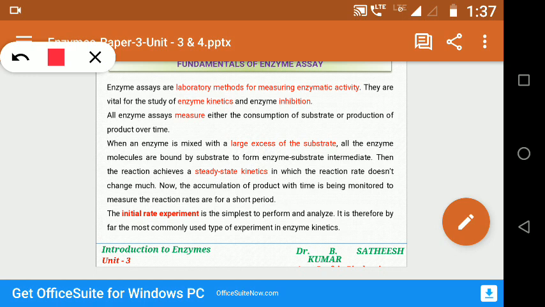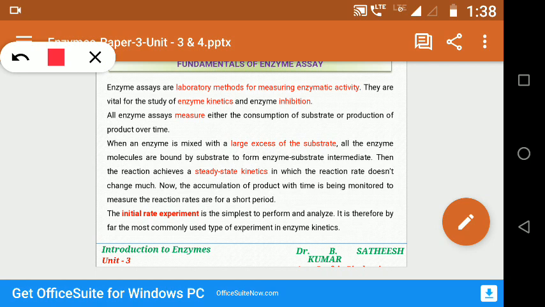The last topic in this unit is fundamentals of enzyme assay. Usually in the medical field, and most importantly in diagnostic labs, the enzyme assay is a very important diagnostic tool for assessing whether a patient has any problem with the functioning of any organs.